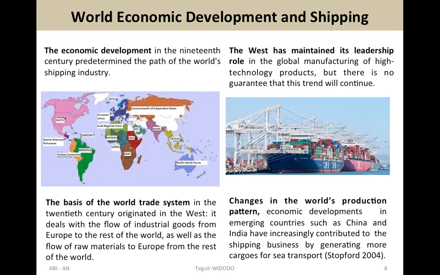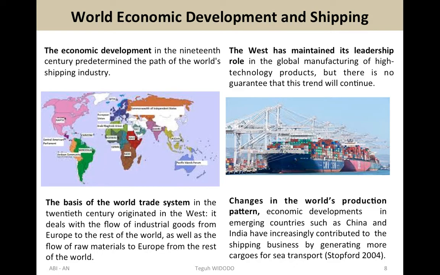And then the subchapter about world economic development and shipping. We can explain as follows. The economic development in the 19th century predetermined the path of the world's shipping industry.